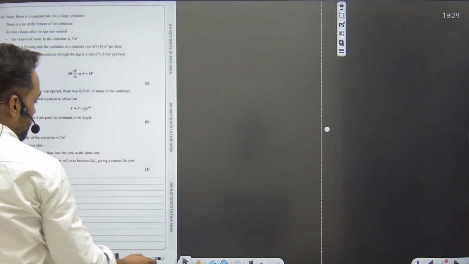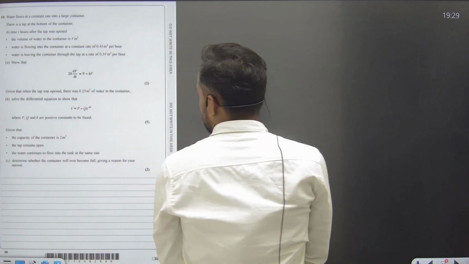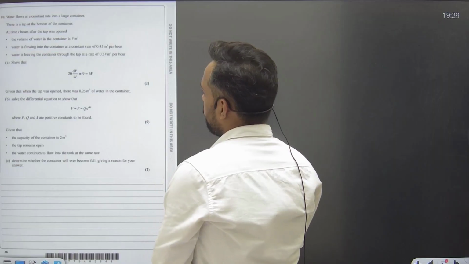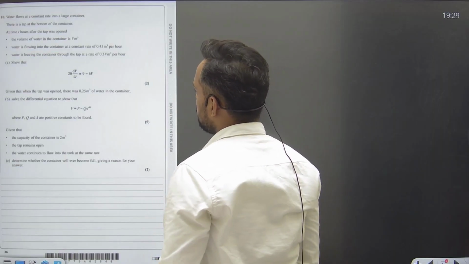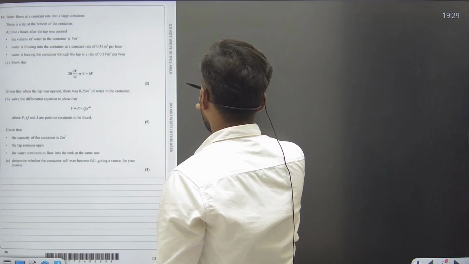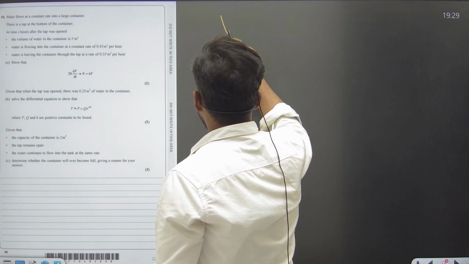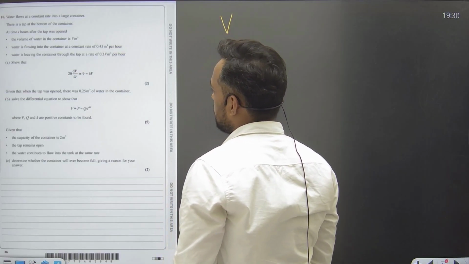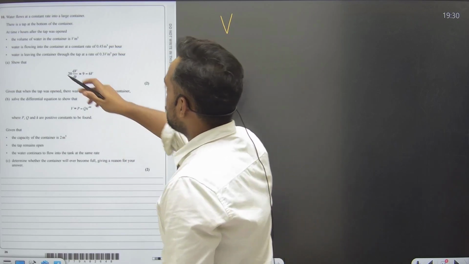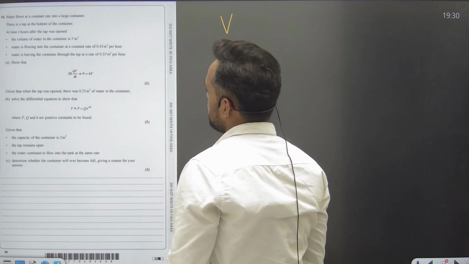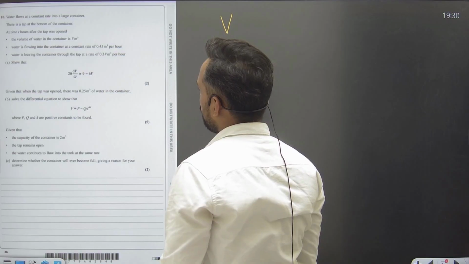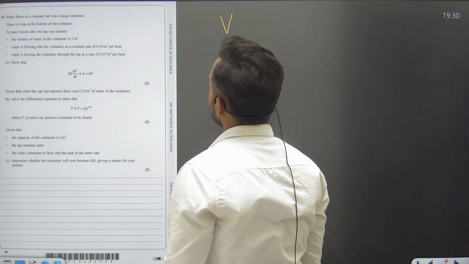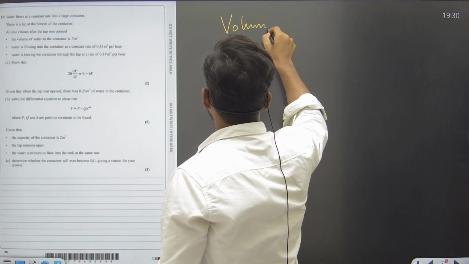Water flows at a constant rate into a large container. There is a tap at the bottom of the container. At time t hours after the tap was opened, the volume of the water in the container is V meter cube.